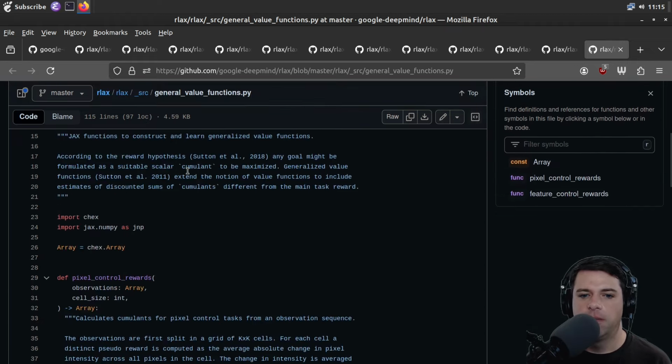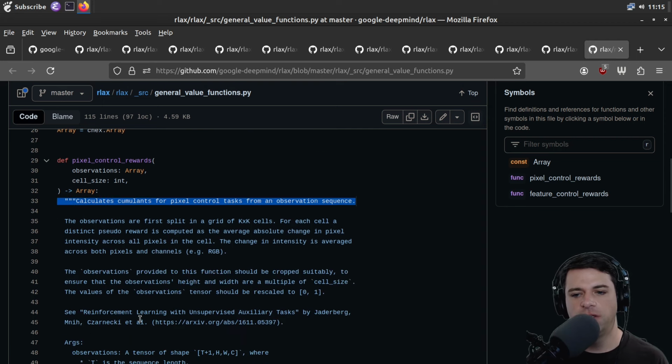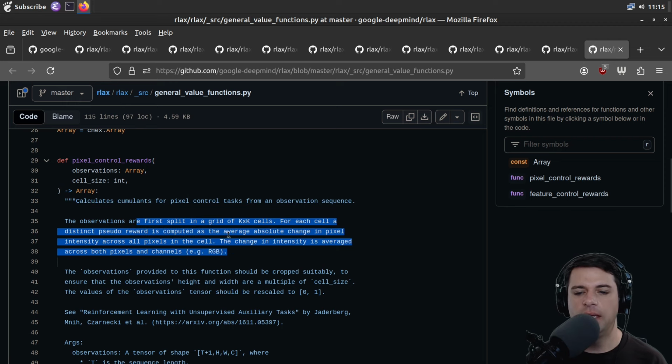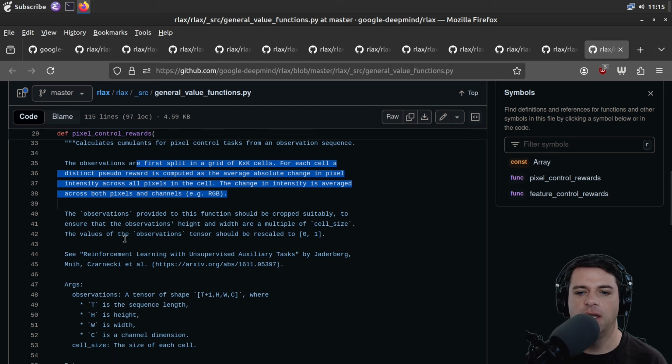General value functions, importing checks. We have pixel control rewards, which calculates the accumulants for pixel control tasks from observation sequences. The observations are first split in a grid of k by k pixels. For each cell, a distinct pseudo reward is computed as the average absolute change in pixel intensity across all pixels in the cell. The change in intensity is averaged across both pixels and channels.